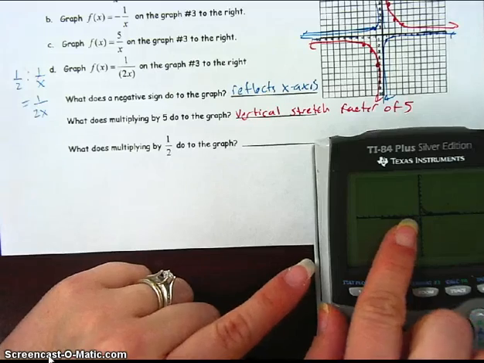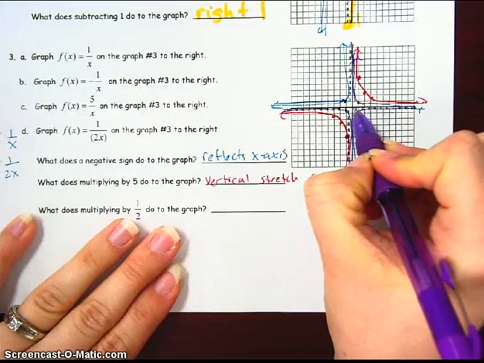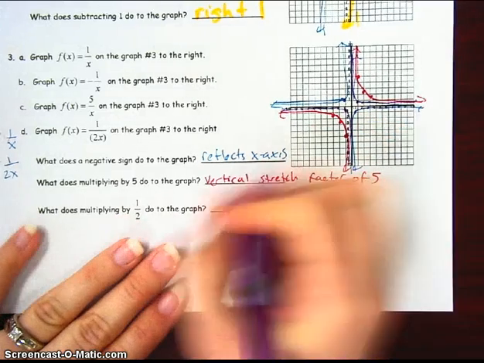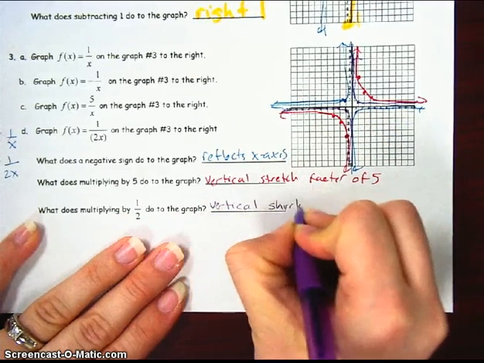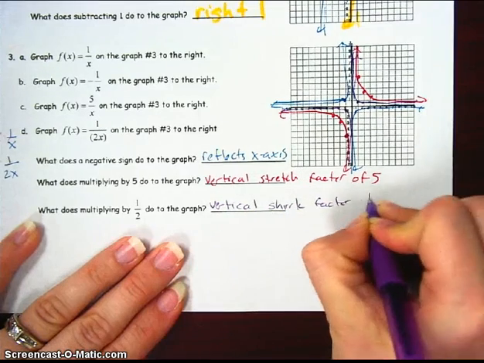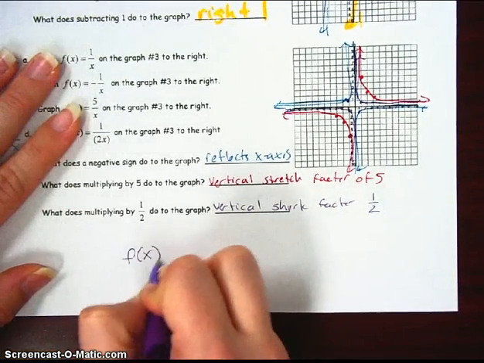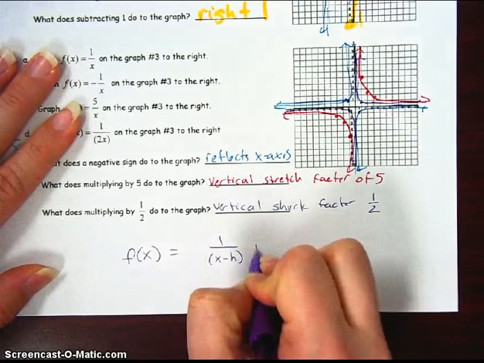The new one, 1 over 2x, is inside of it. Okay, I went ahead and graphed it, and if you notice where it normally goes over 1 up 1, now it's only going up 1/2, which is making it a vertical shrink factor of 1/2.